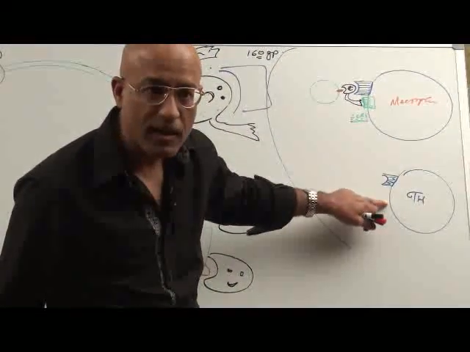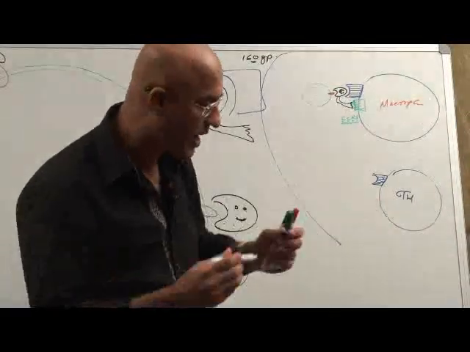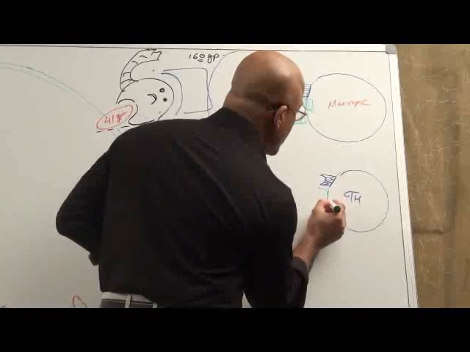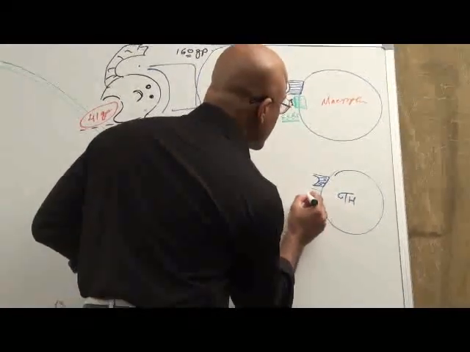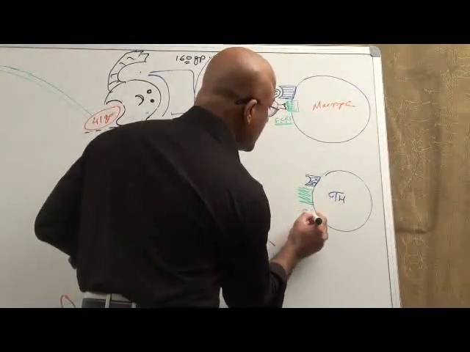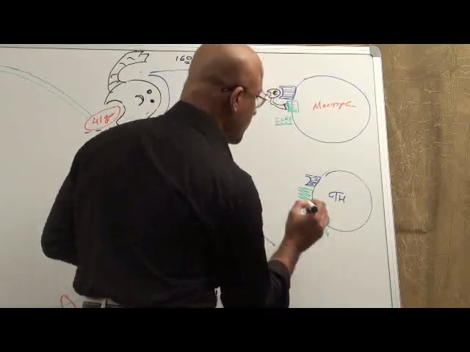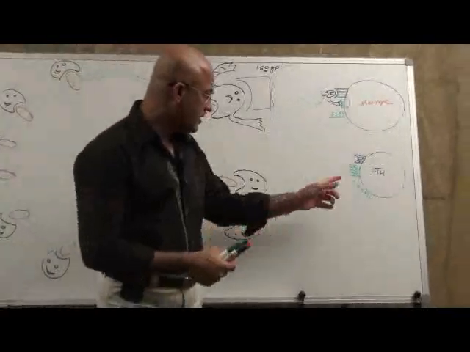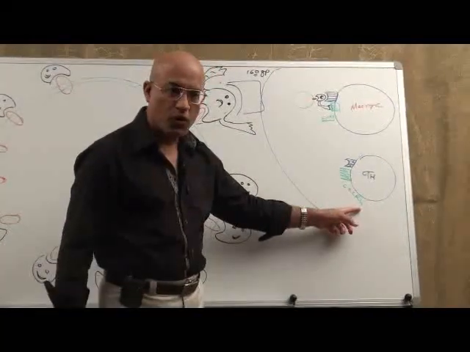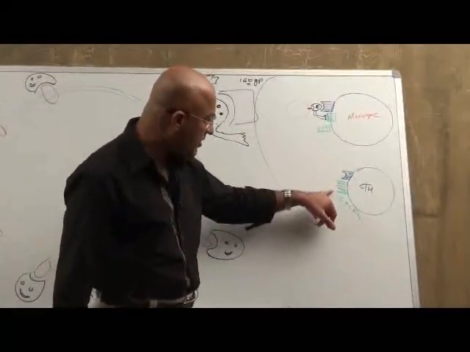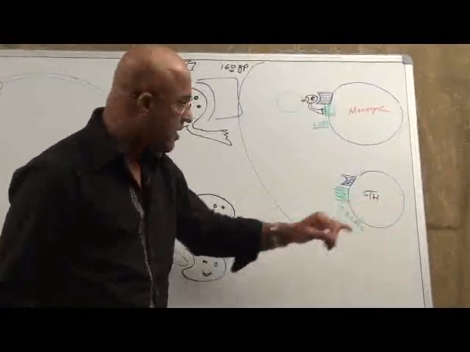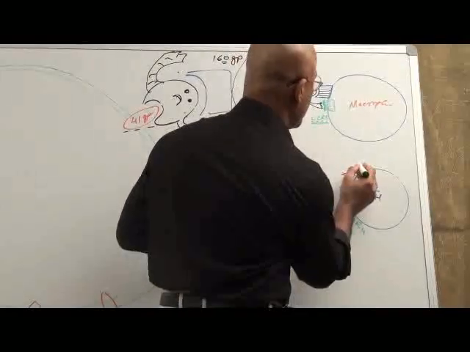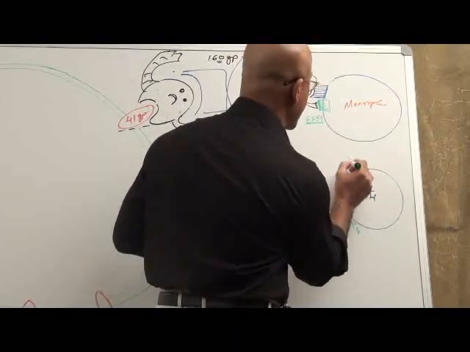It has another type of chemokine receptor, and this chemokine receptor is CXCR4. This is on the T helper cell. Now, I will draw it on the other side. You will know why I have made it on the other side.